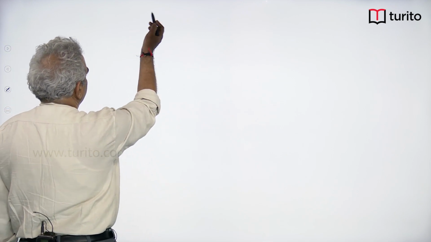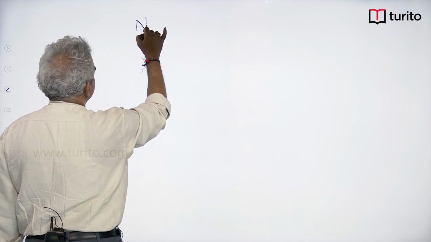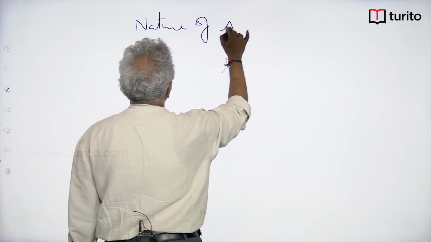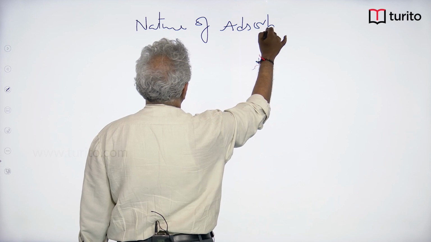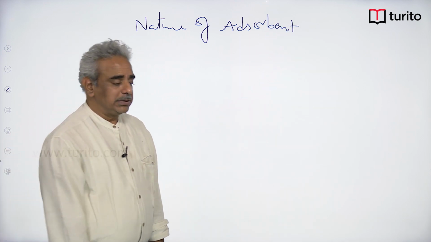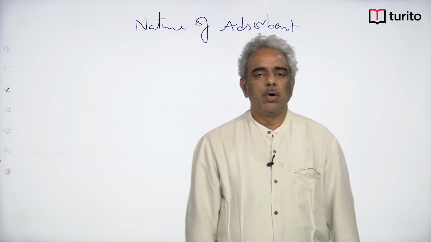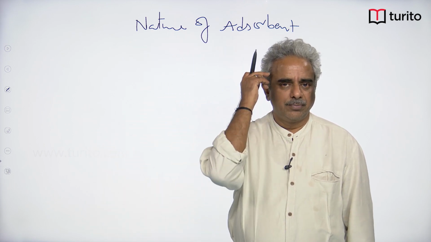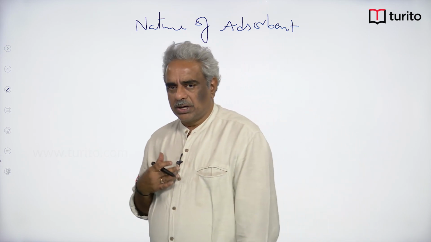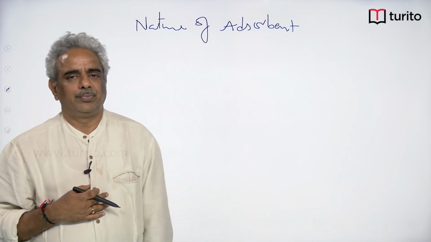Factors affecting adsorption means first of all the nature of the adsorbent. Nature of adsorbent will decide how good adsorption takes place. What do you mean by this nature or state of adsorbent?